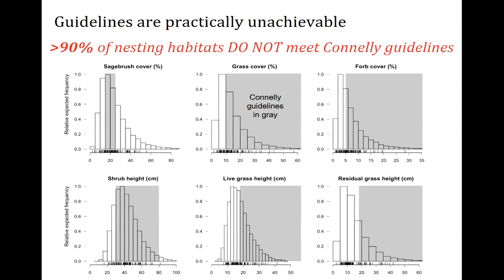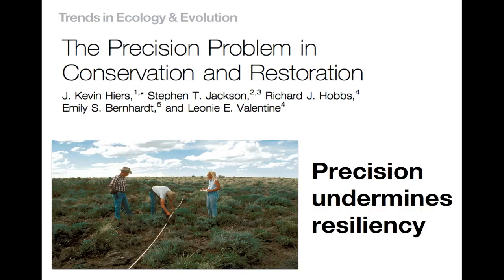These are actual measured nest sites compared to the Connelly guidelines, which are shown in these gray shaded areas. And it turns out more than 90% of places we've studied sage-grouse don't meet all these guidelines. So I would argue that we have a bit of a precision problem with sage-grouse habitat management.